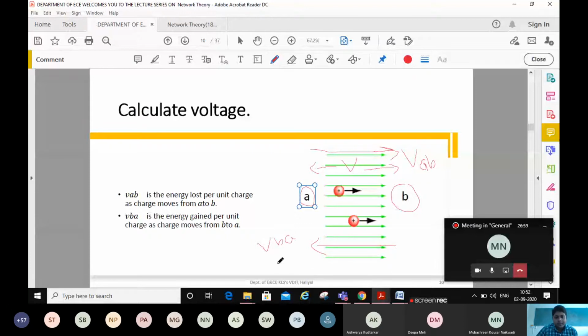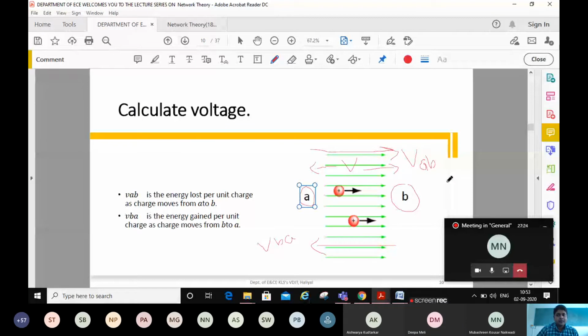Now from the previous discussion, we already know what this picture indicates. Can anyone tell me the state of the charge, whether they are gaining energy or losing energy? Please be interactive.